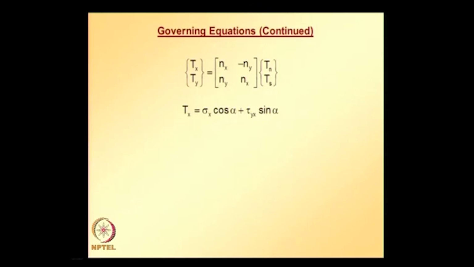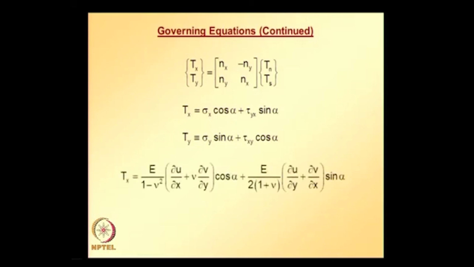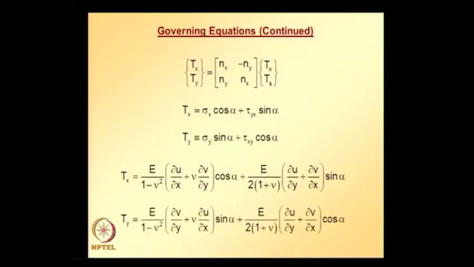Similarly, tractions in the y direction can also be expressed in terms of stresses, and now replacing stresses in terms of strains and strains in terms of displacements, we can see that traction in the x direction is indeed related to derivatives of displacements. Similarly, traction in the y direction is related to derivatives of displacement. So natural boundary conditions are indeed first order equations.